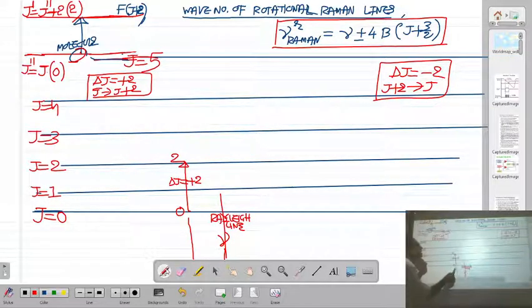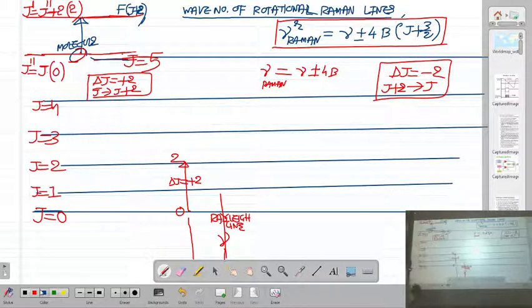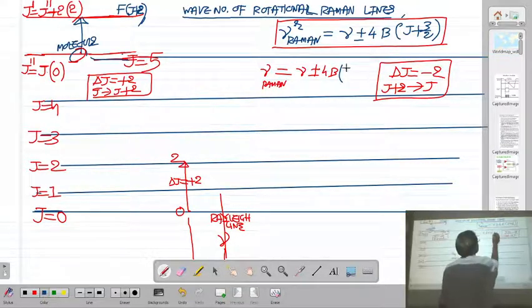What is the wave number of this line? To find the wave number of this line, nu is equal to nu plus or minus 4B times (J plus 3 by 2). What is the lowest quantum number? The molecule makes a transition from 0 to 2, so the lowest quantum number J is 0. So I have to put J is equal to 0, 0 plus 3 by 2.